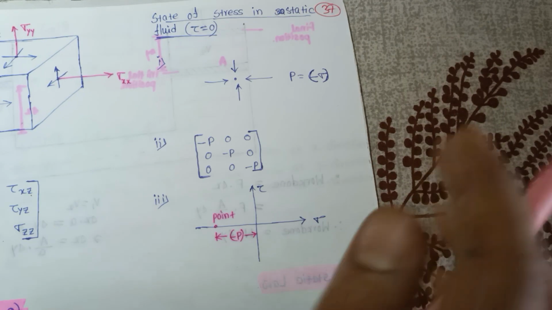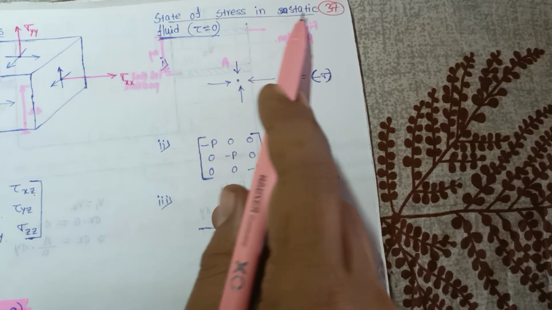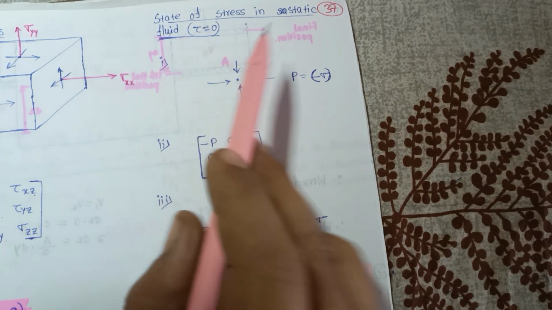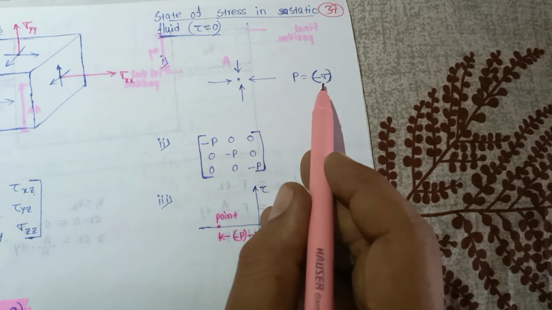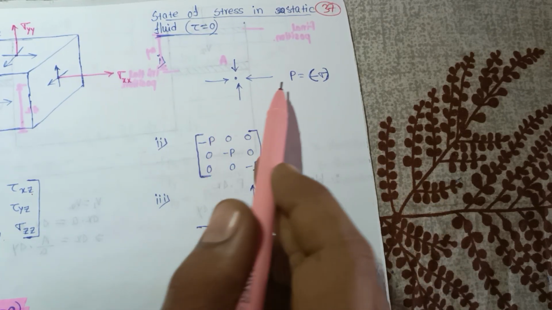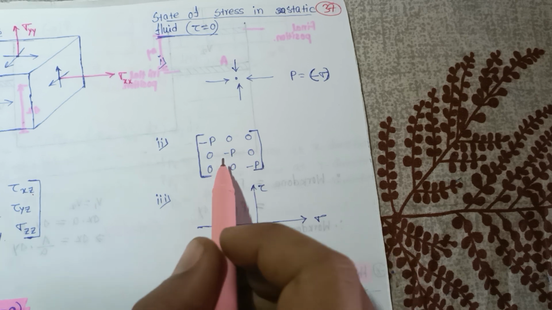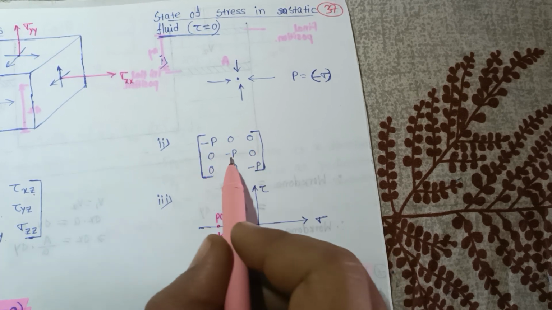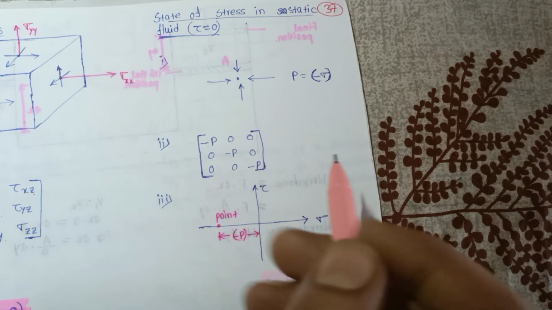Okay, so for the state of stress in a static fluid, tau is equal to 0. Static fluid means tau is equal to 0. So here the pressure will be minus sigma because it is compressive in nature. In matrix form that will be minus p 0 0, 0 minus p 0, 0 0 minus p.